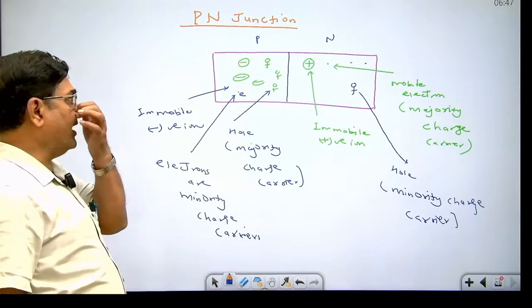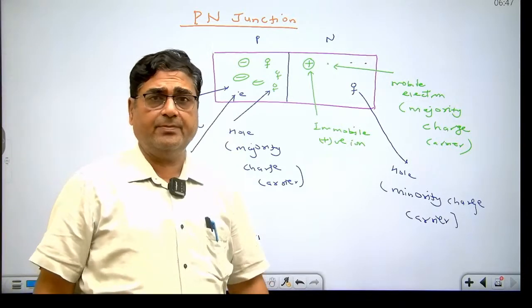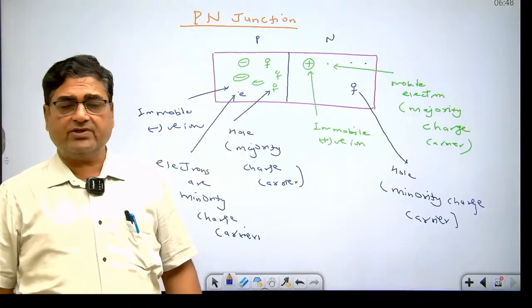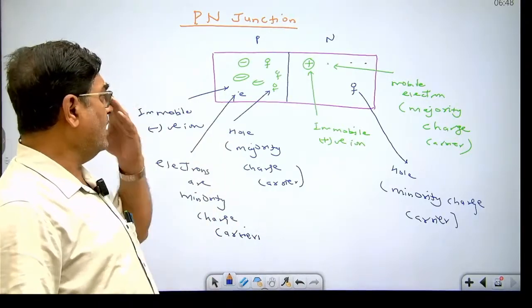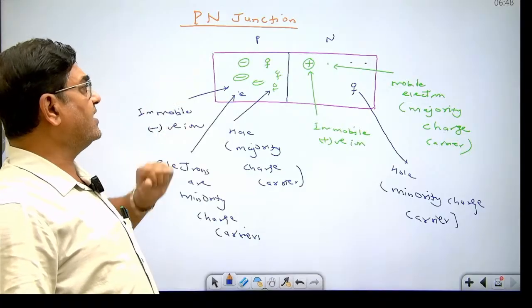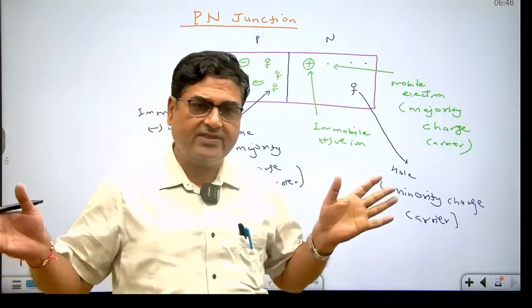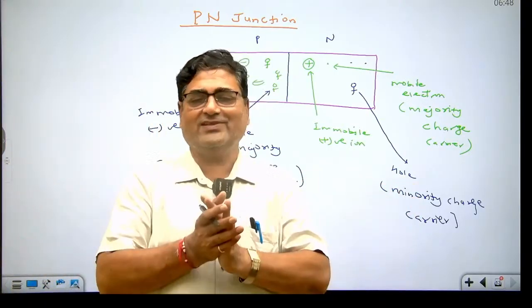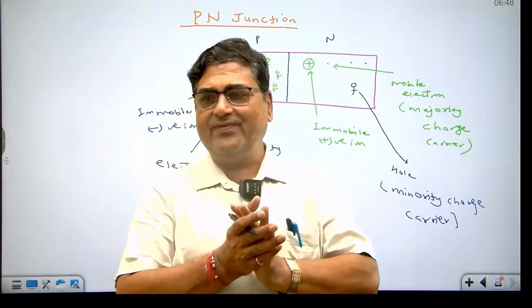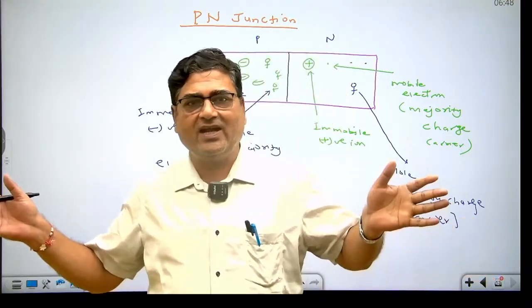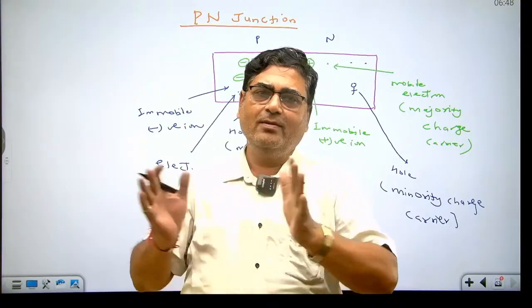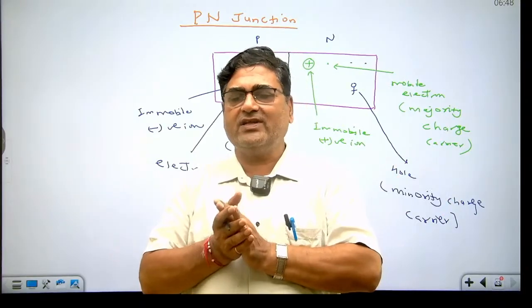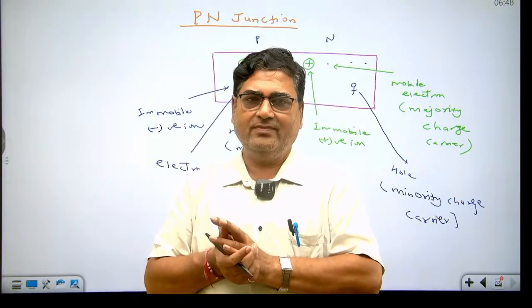Now, dear student, what happens when p-type and n-type semiconductor crystals are brought through some crystalline process in physical contact? Due to concentration difference, majority charge carriers start moving towards the junction. They start diffusing.